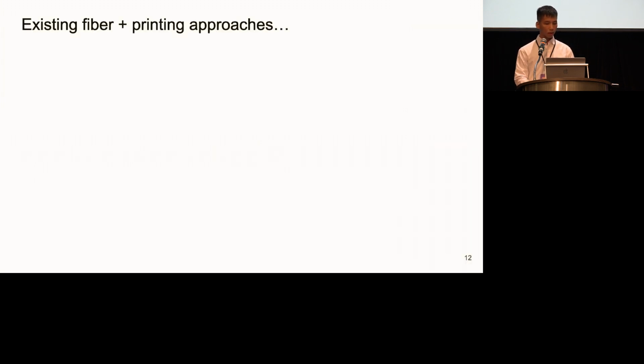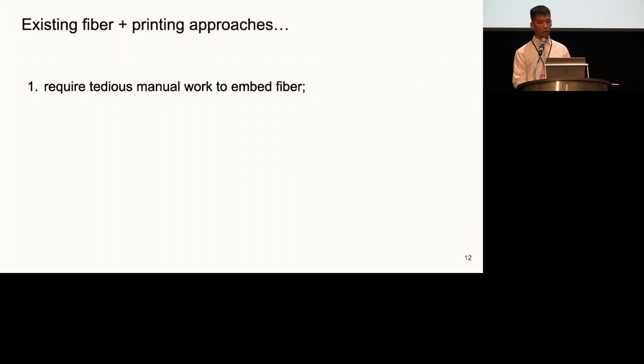However, existing approaches require tedious manual work to embed fibers, which causes a lot of waiting time in a complex object. But in Rhapso, our system can print with fiber fully automatically.